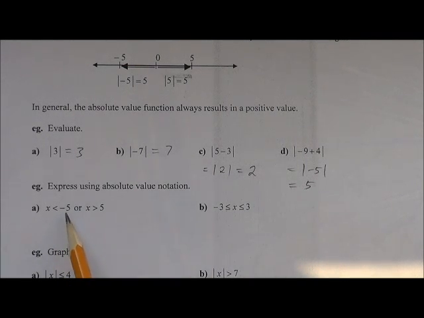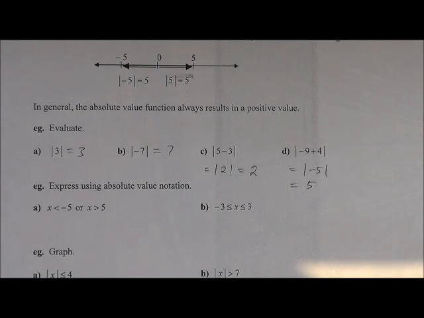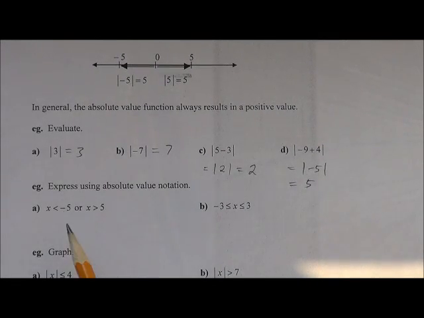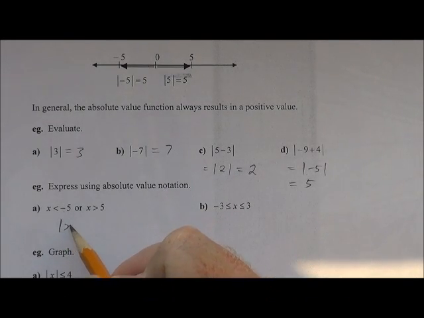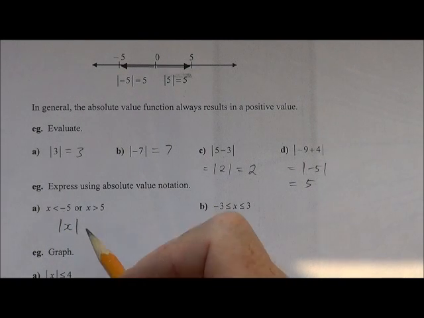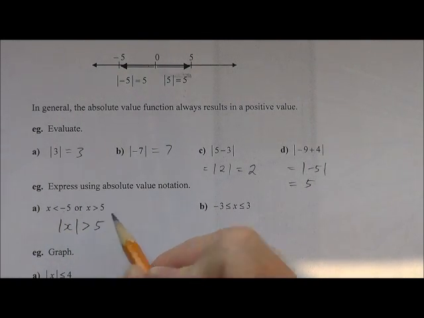So the actual values are getting larger even though they're negative, which means the actual value of it is getting smaller. That's why we're saying less than here. So in order to write that, because the actual values are getting further away from the origin, we would say the absolute value of x is greater than 5.